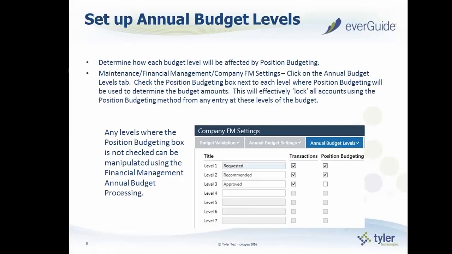The key item in this area, and again you see the path right up here, is set up in maintenance, financial management, company FM settings, and then the annual budget level tab. Many of you probably have this already defined in your system. In my screenshot here, for the position budgeting checkbox, level 1 and level 2 both have check marks, but level 3 does not.